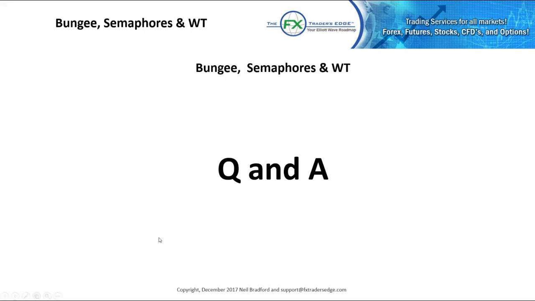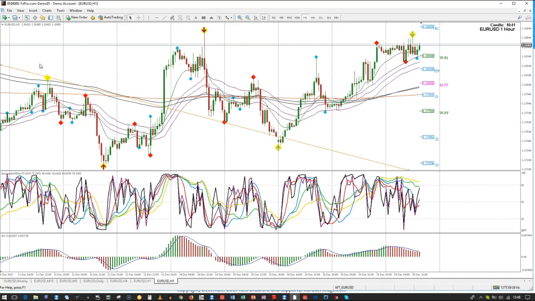What is my Greenwich Mean Time? Greenwich Mean Time 2 and Greenwich Mean GM5 different in semaphores. Oh, right. Okay. Yes. On the charts I use, I think this is what you're asking, Gregory, on the current hourly candle, it's the 3 p.m. candle because it's working on Eastern European time.